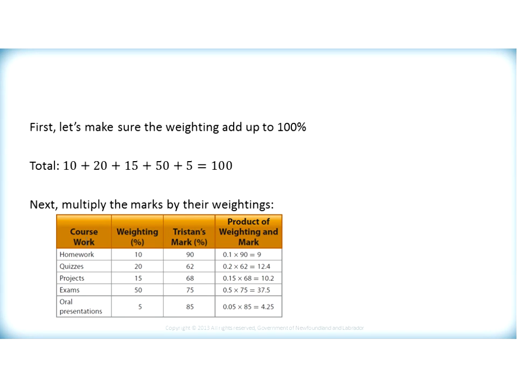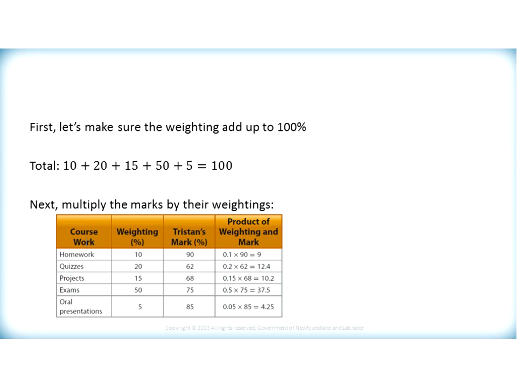Next, we're going to multiply the marks by their weightings. So I have a nice handy table here. Homework had a weighting of 10%, and Tristan's mark was 90%. So we multiply his mark by the weighting. It'd be 0.1 times 90. So 9 marks in his final average come from the homework.